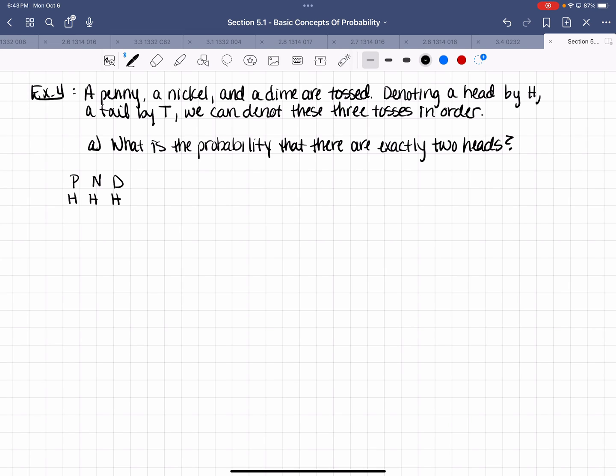What we're doing right now is we're listing all the different combinations we could get. We could get a head and a tail, right? We could get a head, a tail, and a head. Or we could get a tail, a head, and a head.